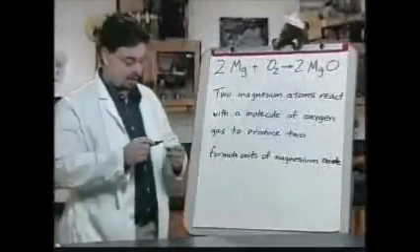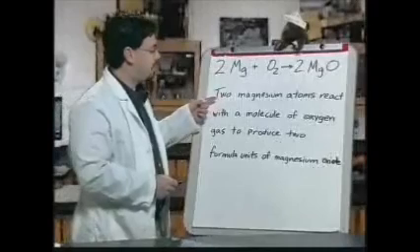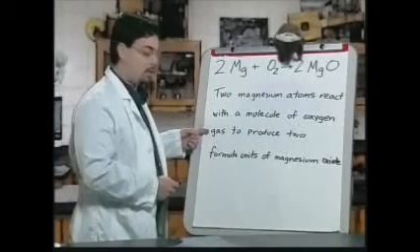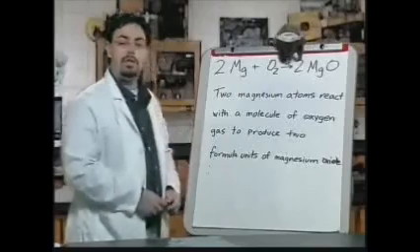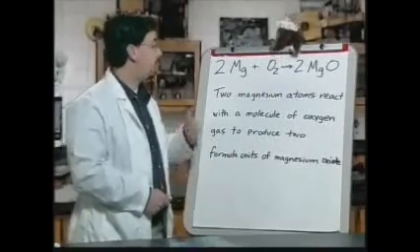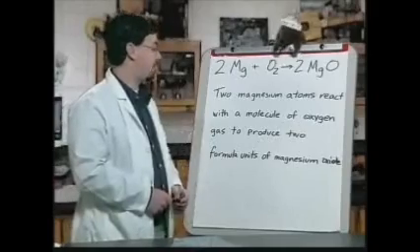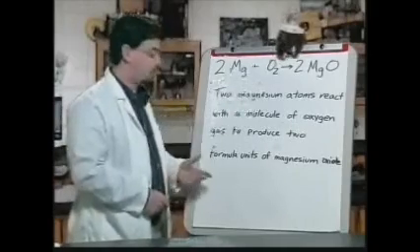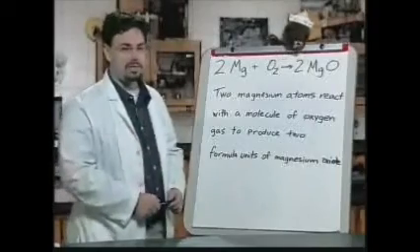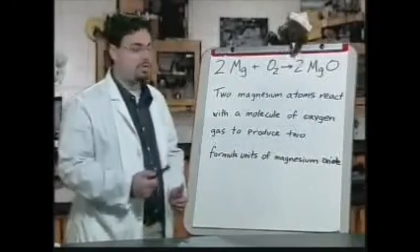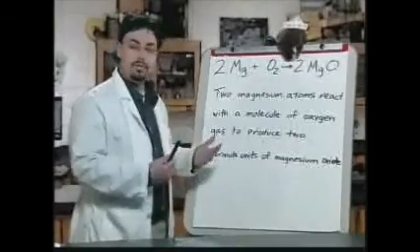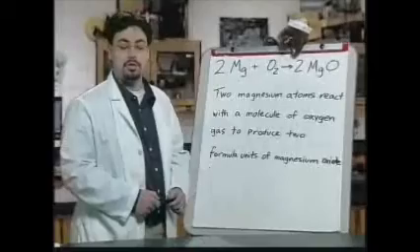You should have written something like 2 magnesium atoms react with a molecule of oxygen gas to produce 2 formula units of magnesium oxide. Wow, Mr. Mole, that reaction covers a lot of chemistry. Atoms, molecules, formula units. Anyway, think about this. A mole is just a way of counting very large numbers of atoms, molecules, and formula units.